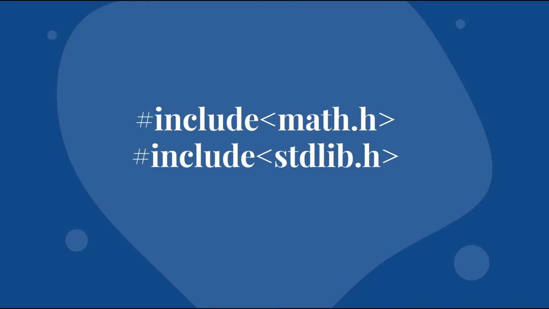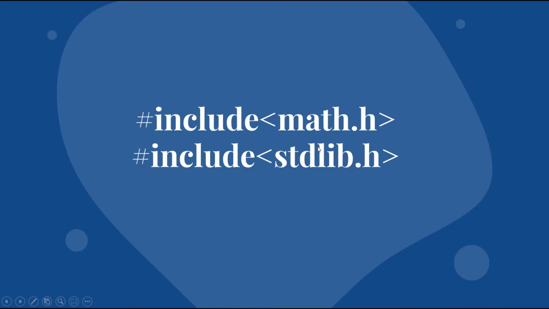Itong include math.h, ginagamit po ito sa mga mathematical formula na kung saan may kailangan lumabas na mga decimal or float. And then, ang include stdlib.h naman po is ginagamit po siya sa mga mathematical formula na kung saan more on integers or whole numbers lang talaga yung mga answers po nila.